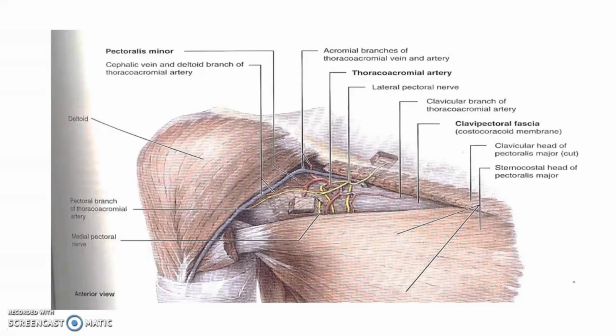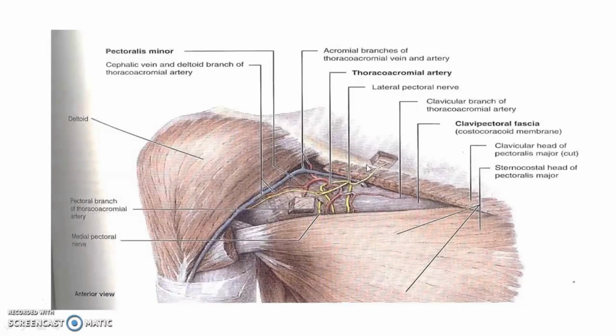So in this groove we will be having a fascia, a wide thickening you can make out. That fascia we will call as clavipectoral fascia. So in this fascia we will be having one artery piercing and coming out. That artery we will call as thoracoacromial artery, and it is giving branch such as pectoral branch, and here we have deltoid branch, and then we will be having clavicular branch, along with another branch called acromial branch, which is going behind.